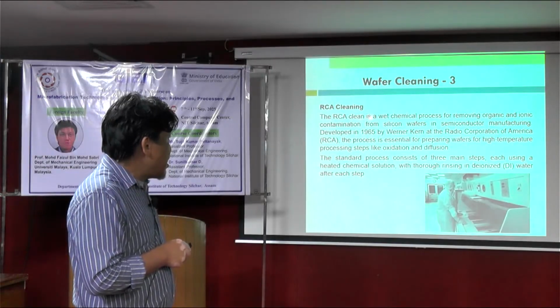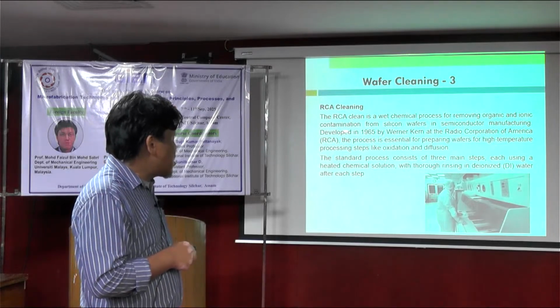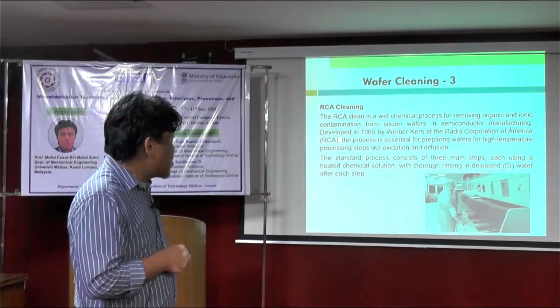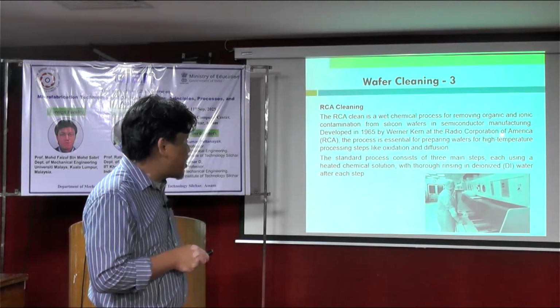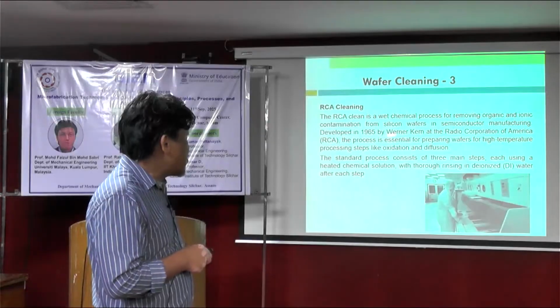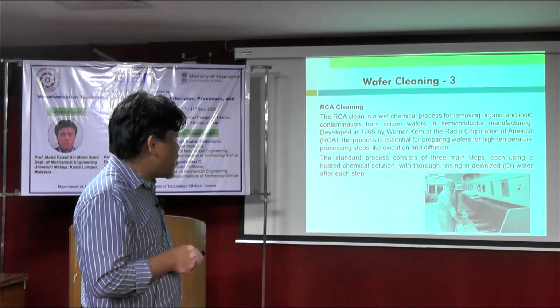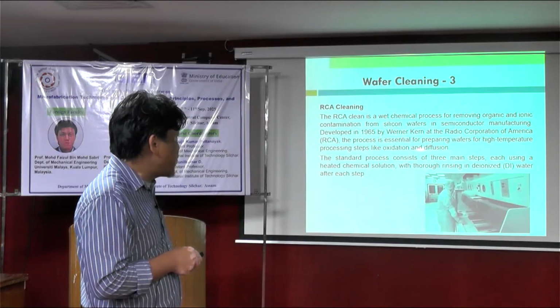The RCA clean is a wet chemical process for removing organic and ionic contaminants from silicon wafers in semiconductor manufacturing. It was developed in 1965 by Werner Kern at the Radio Corporation of America. That's why it's called RCA. The process is essential for preparing wafers for high temperature processing steps like oxidation and diffusion.